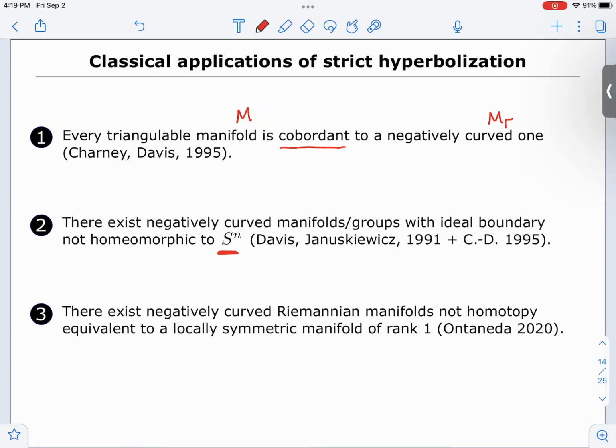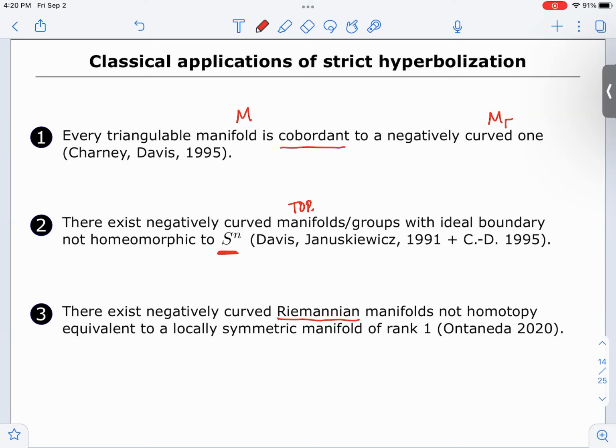And the most recent development is this result from Taneda from 2020 that says you can run the entire construction in the Riemannian category. Just to contrast with number 2, the stuff in number 2 is topological, but not smooth. All these examples are just topological metrics. There are a lot of singularities. In number 3, instead, I can guarantee that those metrics can be chosen to be smooth metrics on smooth manifolds.